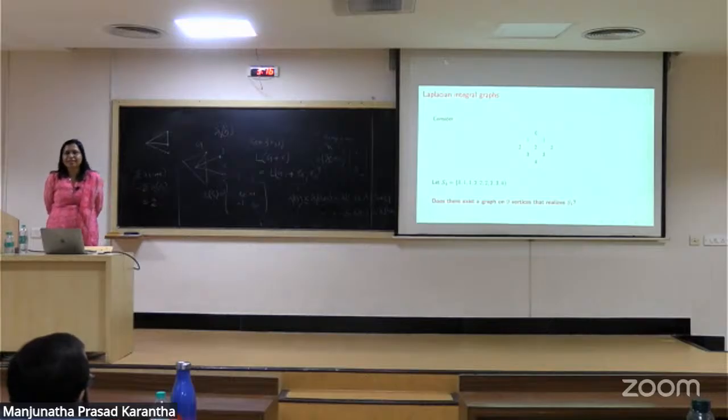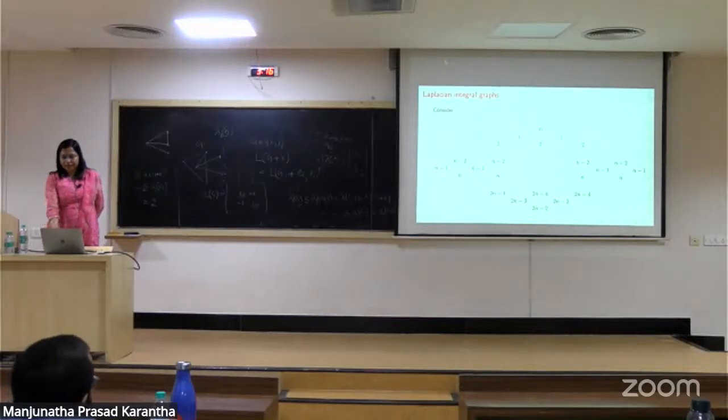Is it realizable? Here I am taking S4, but the same question you can ask for any n. So can there be a graph with these eigenvalues?